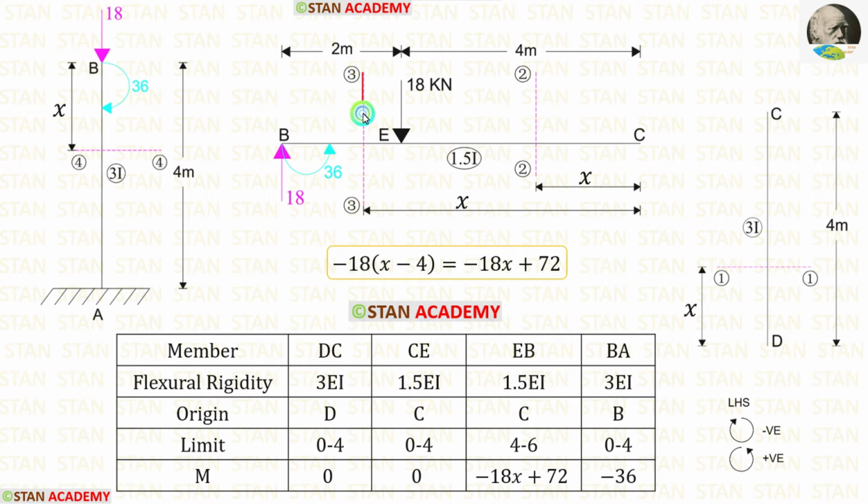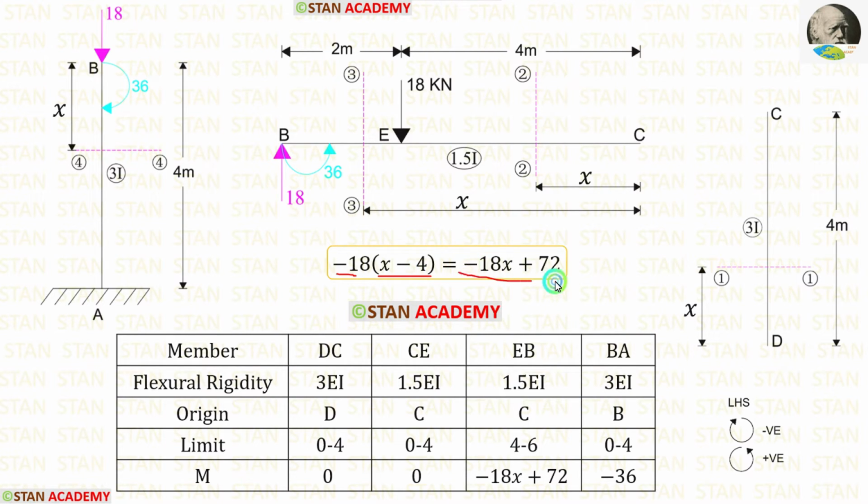Now let us find the moment in EB. In EB, up to the section, we have a load 18 kN. This load is acting in the clockwise direction, so it will be negative. For the distance, we have to take this distance. This distance is x minus 4. Then we can multiply minus 18 with x minus 4.